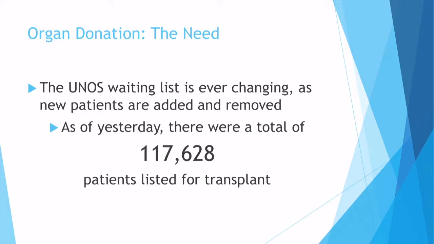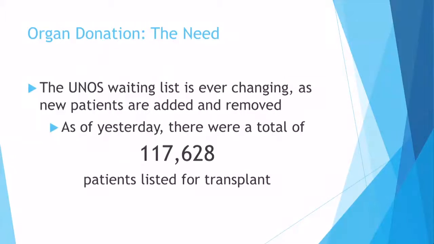Size is the best example: even if you're patient number one on the list, that organ might be too big for you. There's a lot that goes into planning that organ recovery, and at LifeBank and the other OPOs, we work our way down the list until that organ is placed with a recipient.